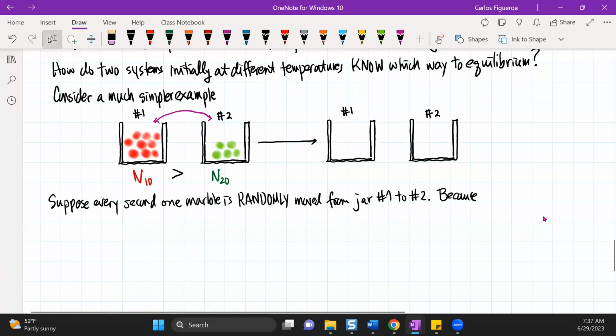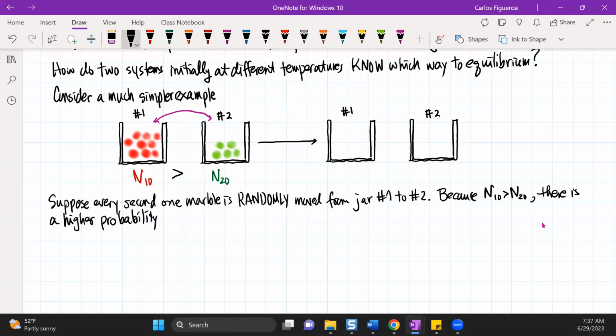Because N1 is greater than N2 initially, there is a higher probability that more red marbles will be moved than green ones, just because they have more. And if it's a random process, it has to do that.